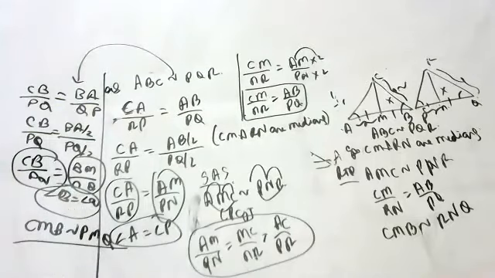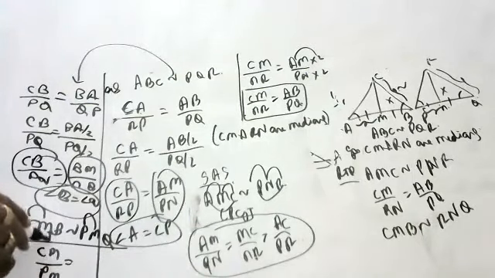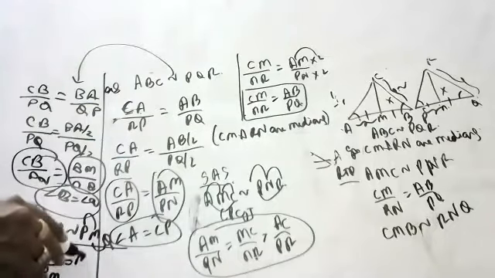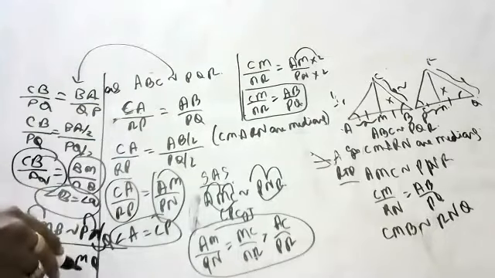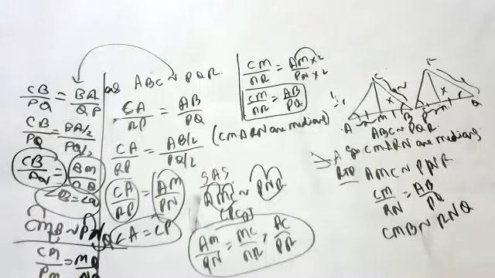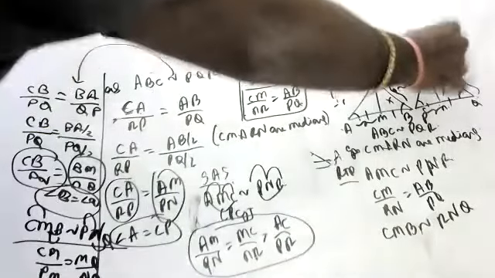If you are interested in writing CPCT, they did not ask, but I'm just saying: CM by RN, MB by NQ. Sir, R and Q, not P and Q. Oh my God.